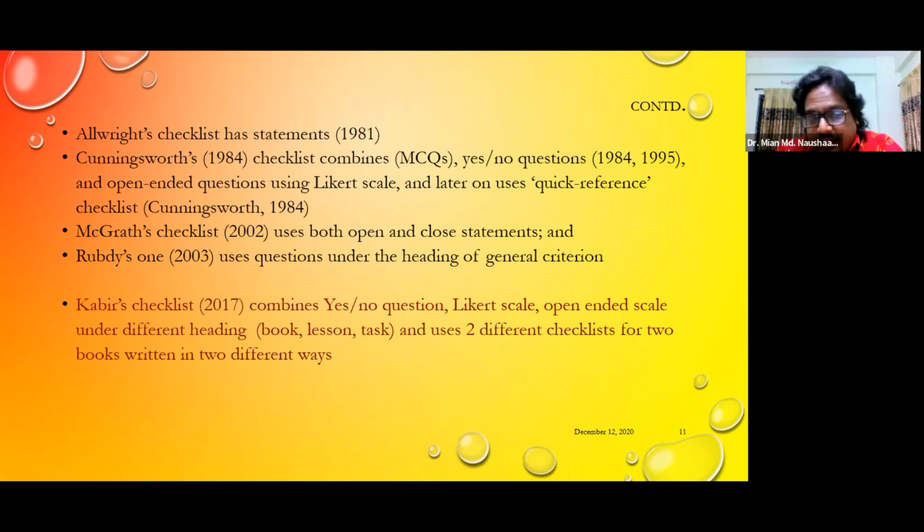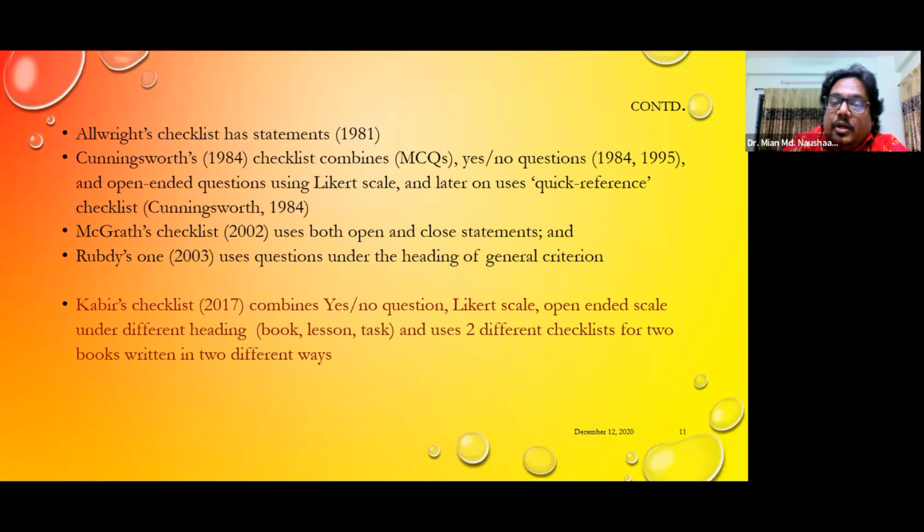By the way, I used this checklist in my thesis, which was submitted in 2012, but it was not published. Later on, I extracted a paper particularly from the part where I discussed how I developed my checklist, and I published it as a paper in 2017.